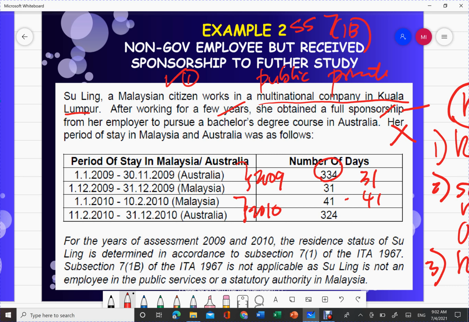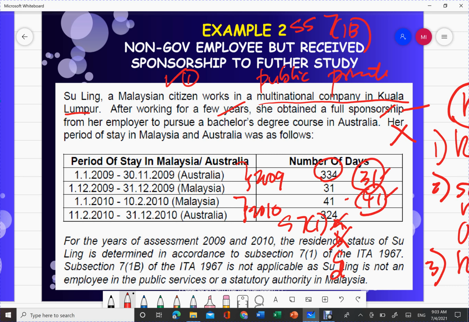Okay. So if we look at this, she is not entitled for subsection 71B because she doesn't work with the government. She is not in the public sector. So we will use section 71. We have to look at A, B, C, D. For A, it must be at least 182 days, not met. For B, it must be linked by, and the period linked must be in Malaysia for at least 182 days, also not met, because these are 31 and 41. Then C. C says the year in question must be at least 90 days.